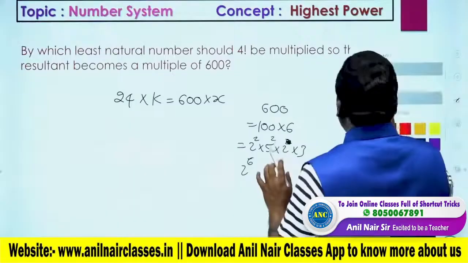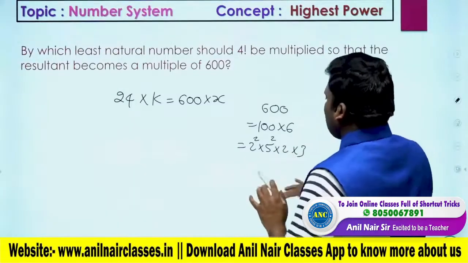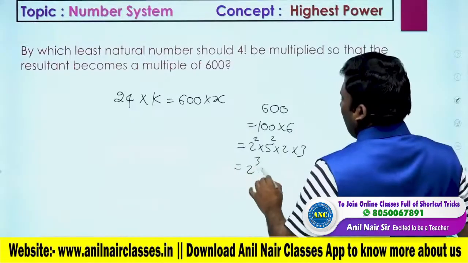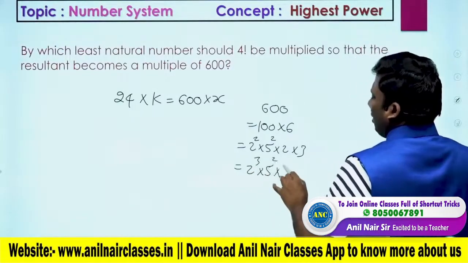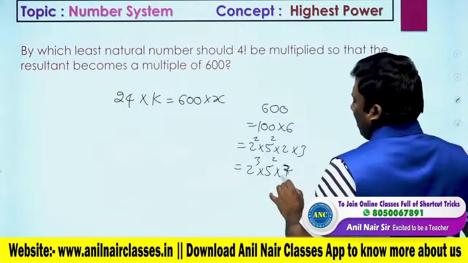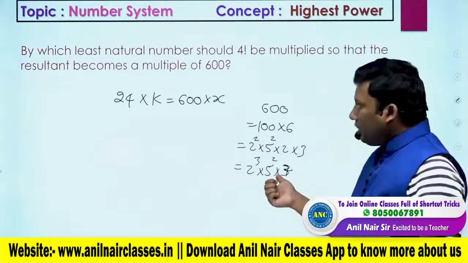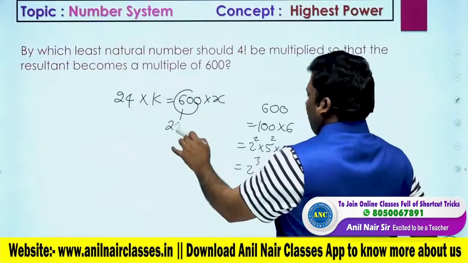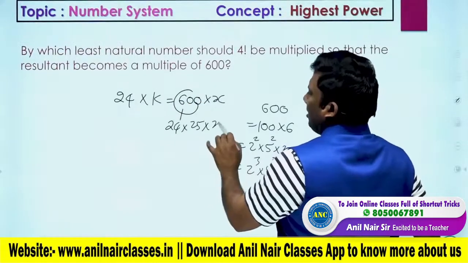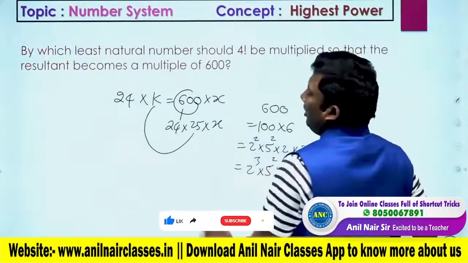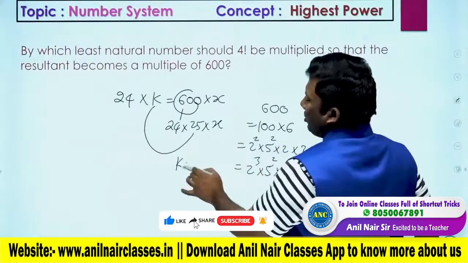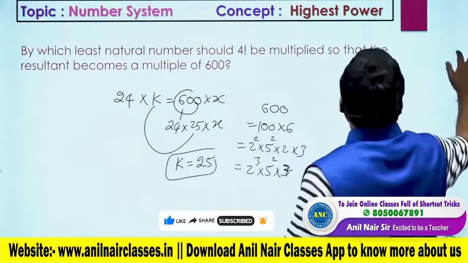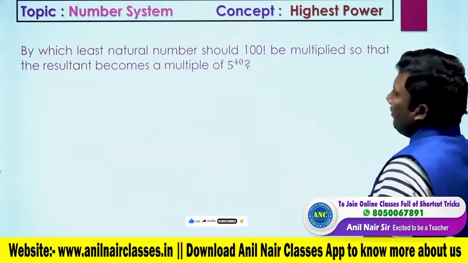Let me write down here. This will be 2 cube into 5 square into 3. So 24 into 25 is 600. The k minimum value should be 25. K minimum value is 25.